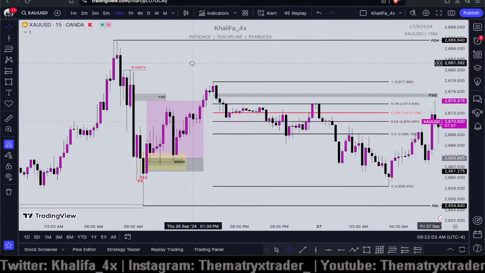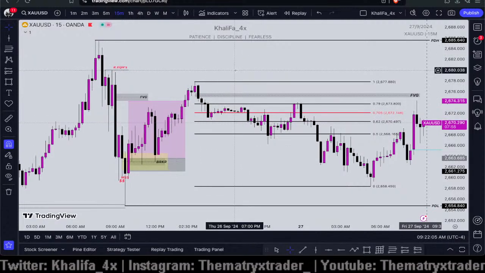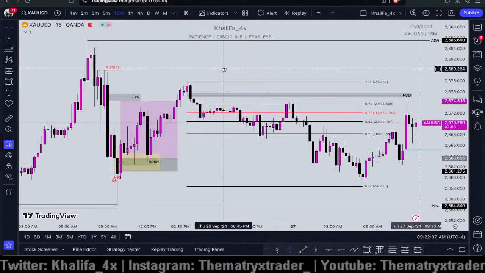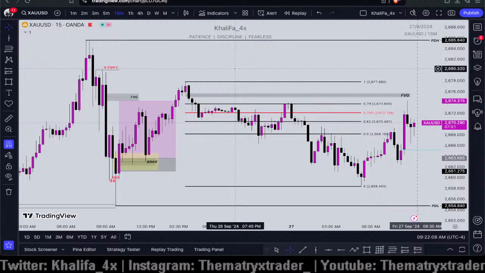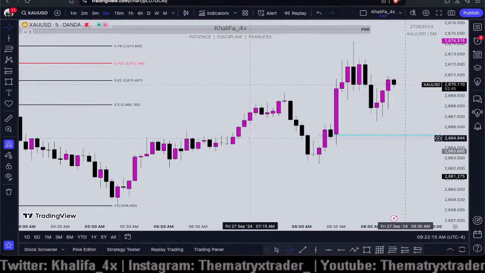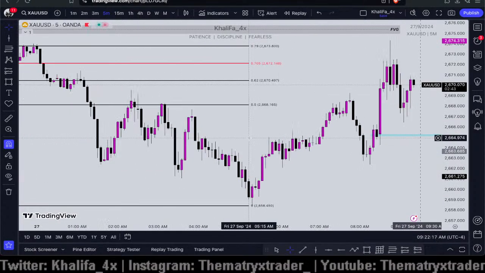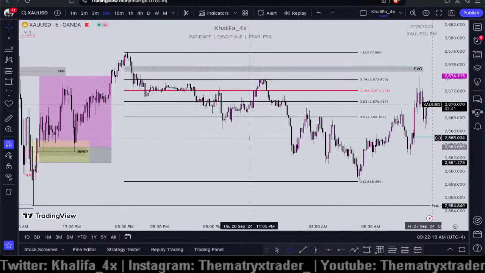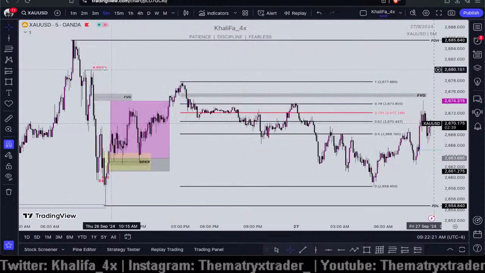you still need to make sure of it that we still have these relative equal highs, right? We cannot just leave them. We still have these relative equal highs. We have this in a fair value gap.